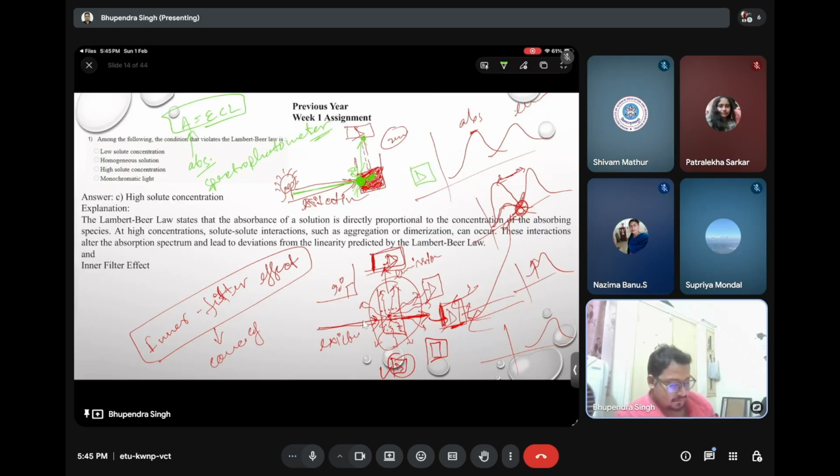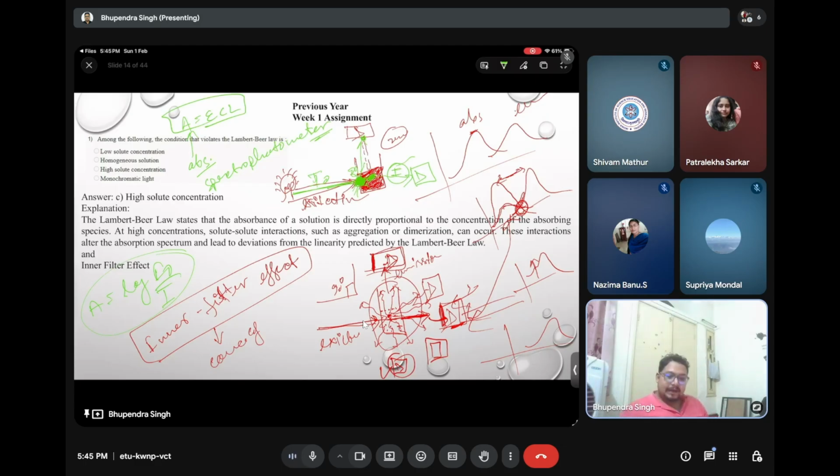Again the transmitted light: the light will not be transmitted because all the molecules have absorbed it. So the detector will not detect the transmitted light, and you know the absorption is log I0 by I. I0 is this, I is this. If you're not going to detect I, you will not get the absorption.